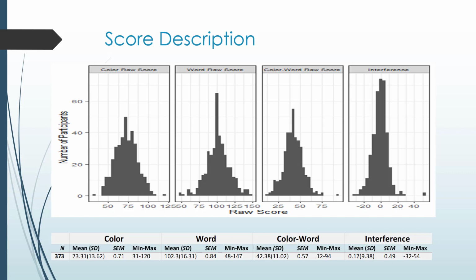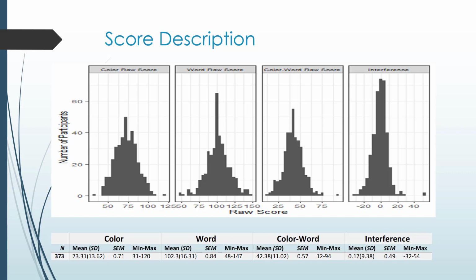And just for some score description, these are the average scores of the entire sample. You can see that the color, word, and color word raw scores all appear to have an approximately normal distribution, as verified by examining the residuals in the models, centered around a score that represented the number correct in 45 seconds.